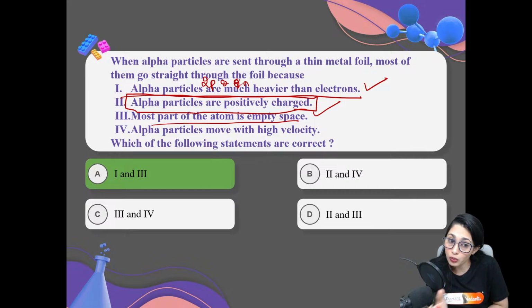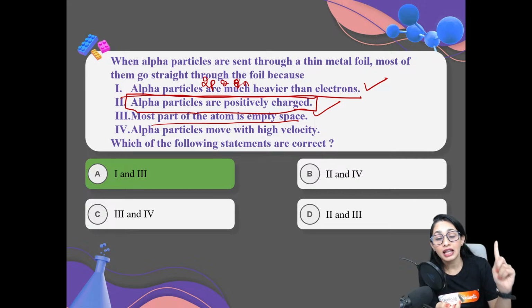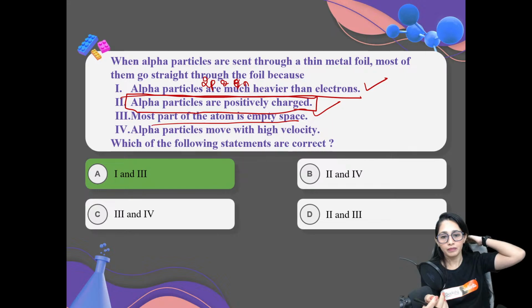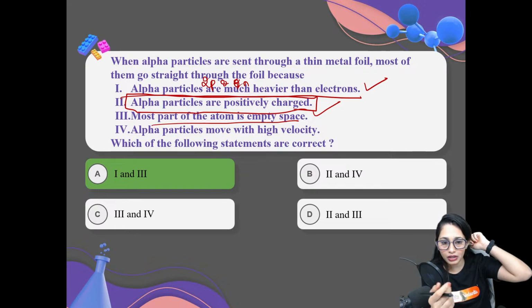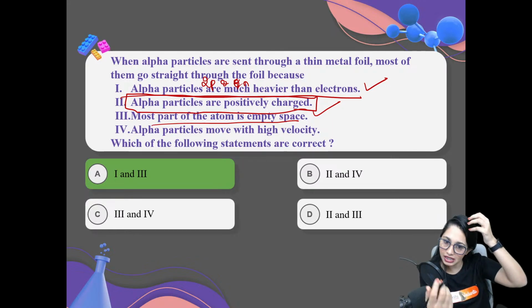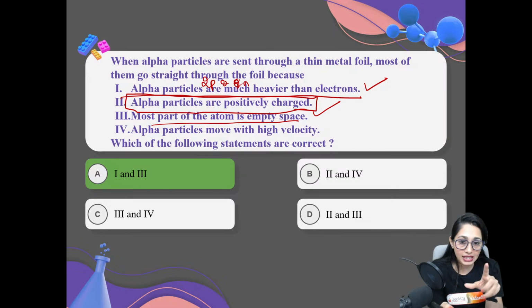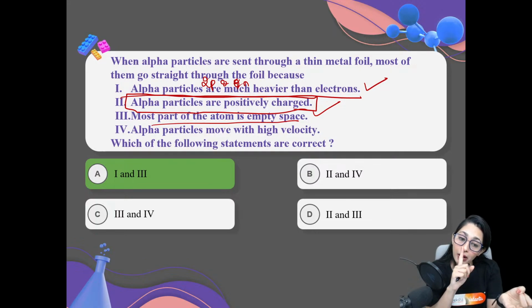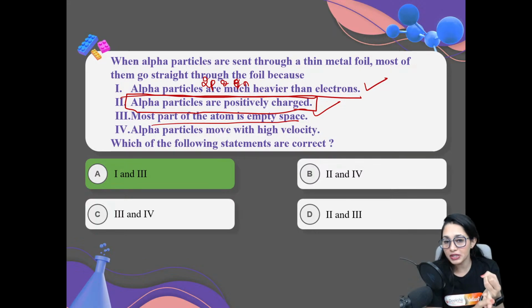Because if electrons were heavier than alpha particles, the alpha particles would bounce back. And most of the atom is empty space. That's absolutely true. They're asking why alpha particles passed through the foil. What is the reason? Not because alpha particles are positively charged. They are heavy, and the space in the atom is empty.